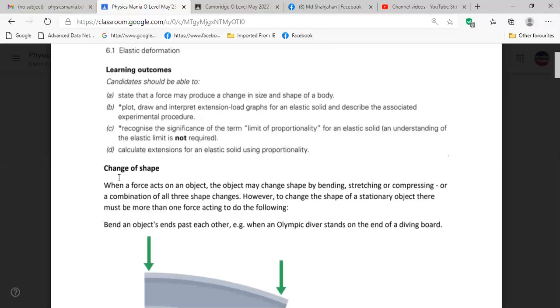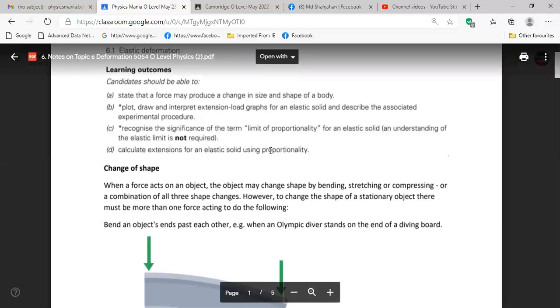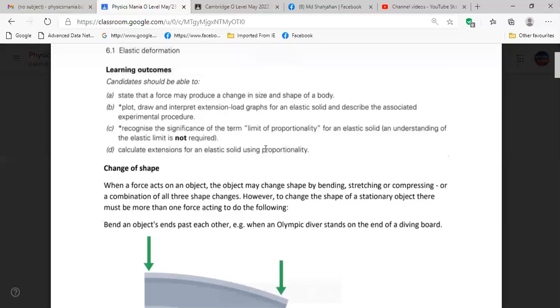So this is called limit of proportionality. Okay, and Hooke, one scientist, he introduced this rule, or he observed it by this experiment. That's why, according to his name, this law is named as Hooke's law.